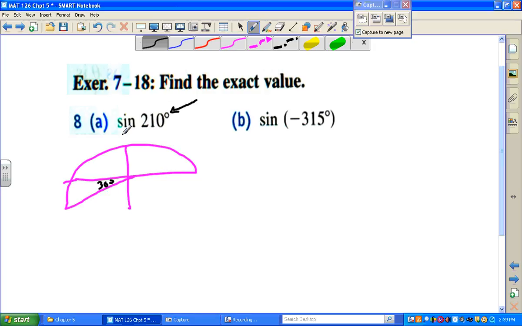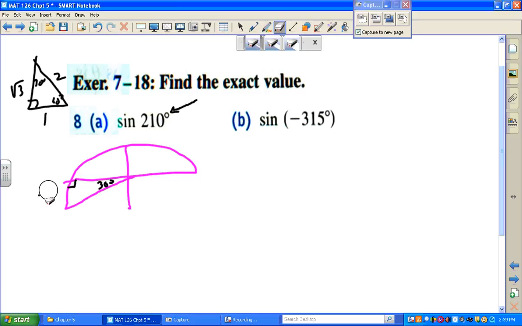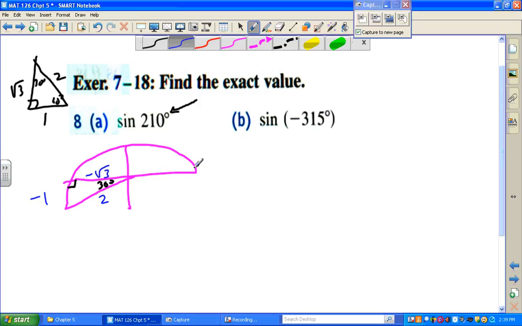Reference angle, 30 degrees. Right angle, this way. Now on the 30-60-90, this is the short leg, this is the long leg, and this is the hypotenuse. So we have negative 1, we have 2, we have negative square root of 3. So what's the sign of that going to be? Opposite over hypotenuse, so it'll be negative 1/2.